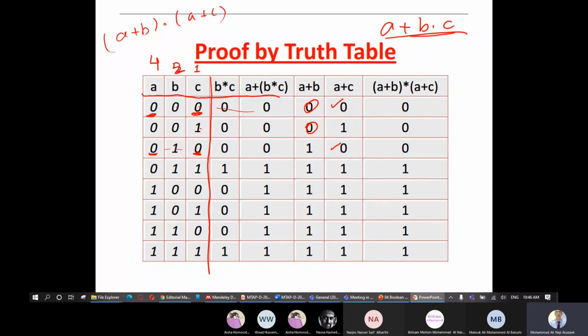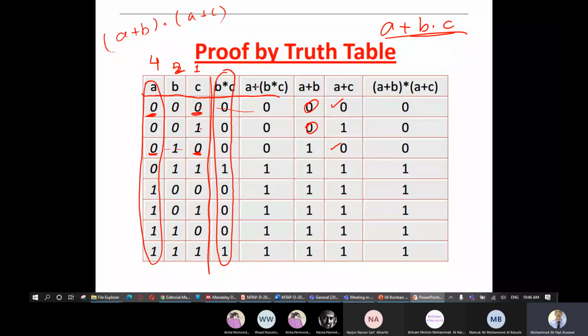Same thing. So I'll find B dot C, then A plus B dot C are the same thing. Now I'll find the operation between A and this one. What kind of operation do I have? It's OR. Then I'll search for 0, 0. Okay, no, this is not right.